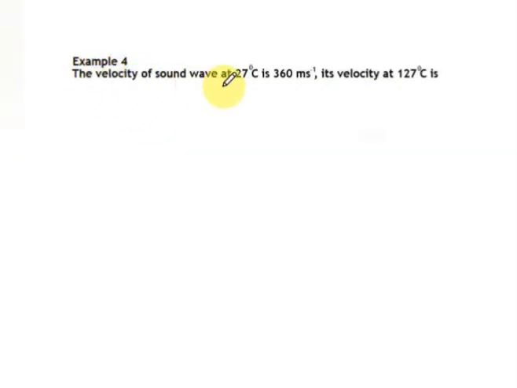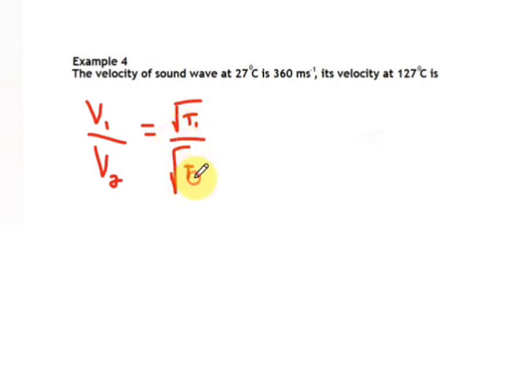Example 4. The velocity of a sound wave at 27 degrees centigrade is 360 meters per second. Its velocity at 127 degrees is, so we are going to use the formula v1 over v2 is equal to square root of T1 over square root of T2. T1 and T2 are the absolute temperatures. So we have to convert the temperature from degrees centigrade to Kelvin.